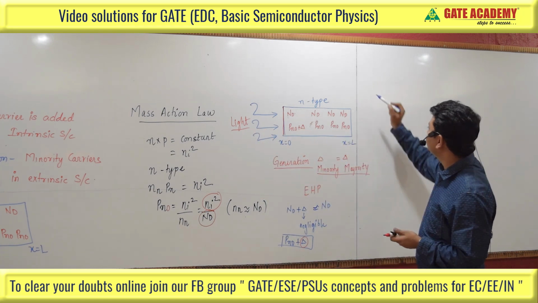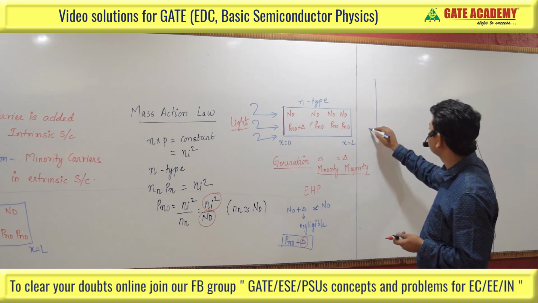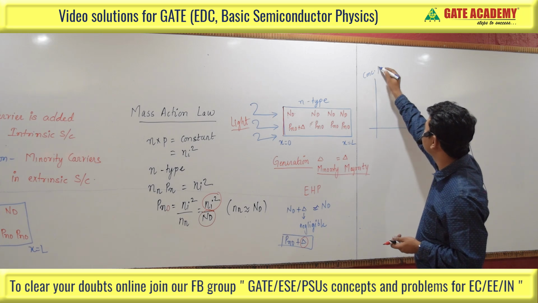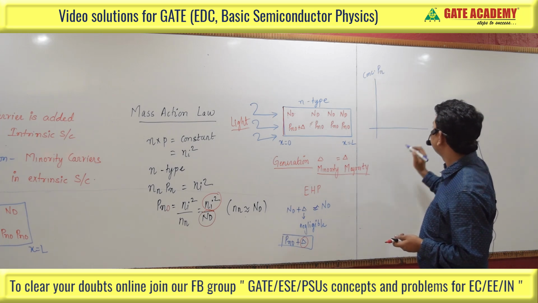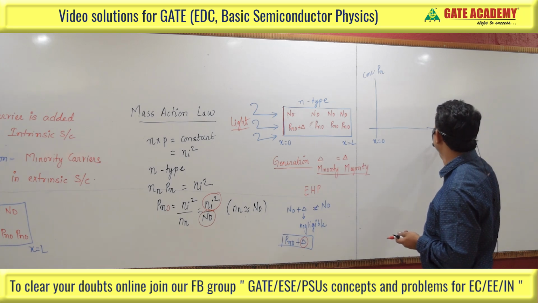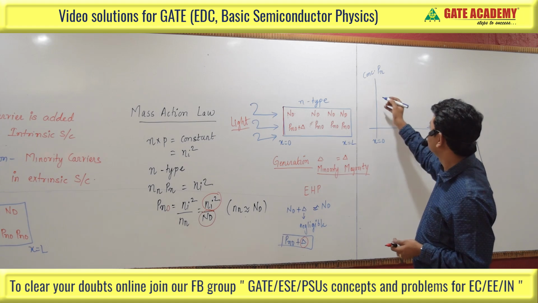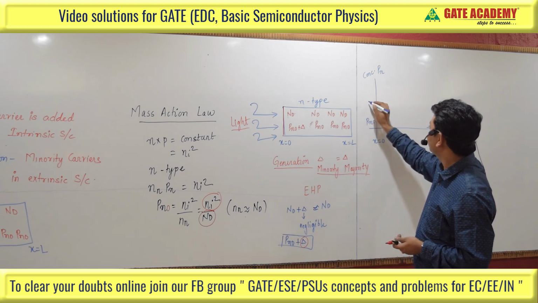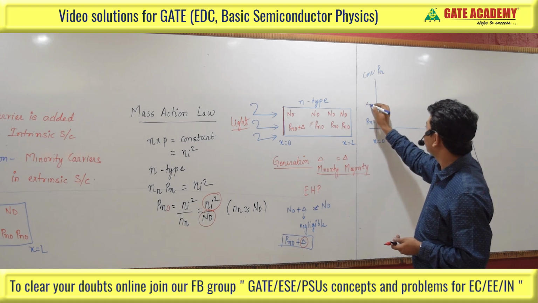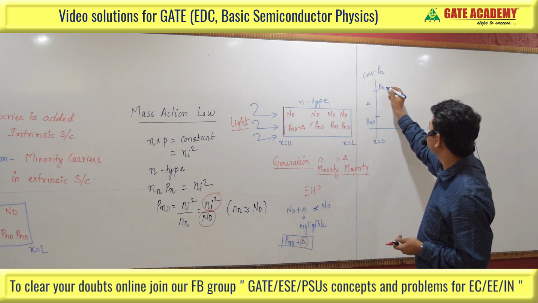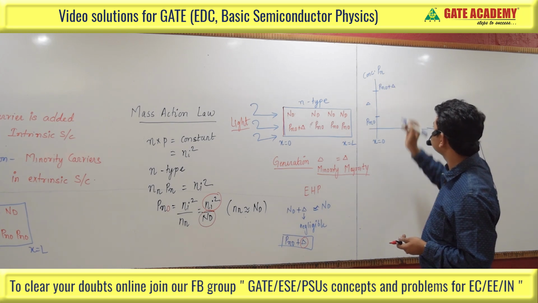If we show this in a diagram, we represent the concentration of minority charge carrier, Pn, against length, with x equal to 0 here. Initially the concentration is Pn naught, and we have increased the concentration by delta, so the total concentration at this point is Pn naught plus delta.